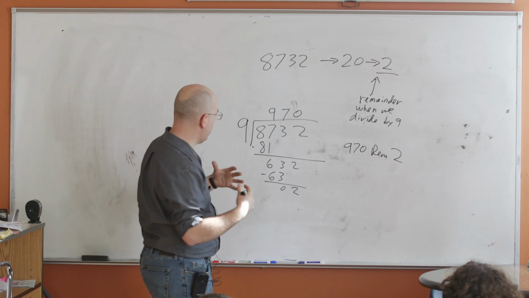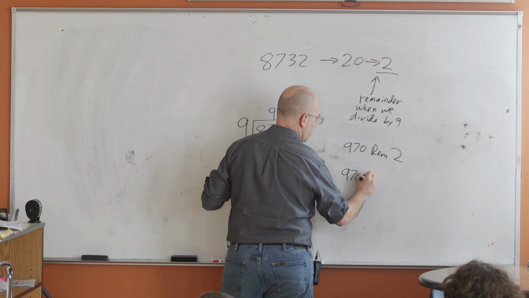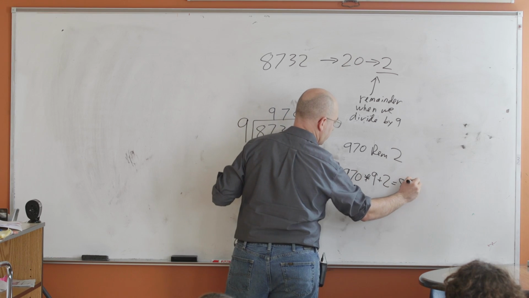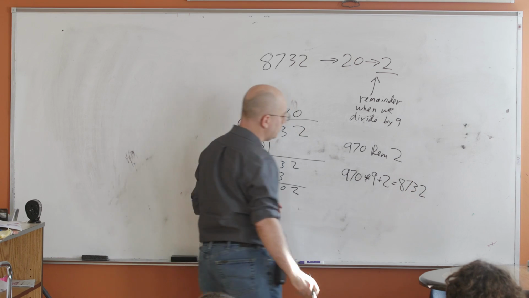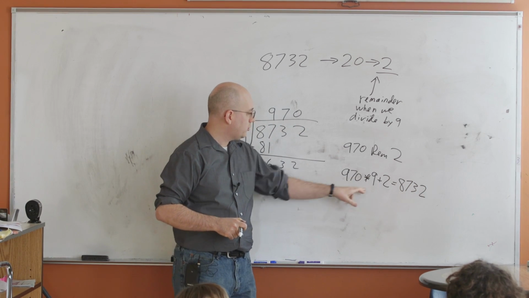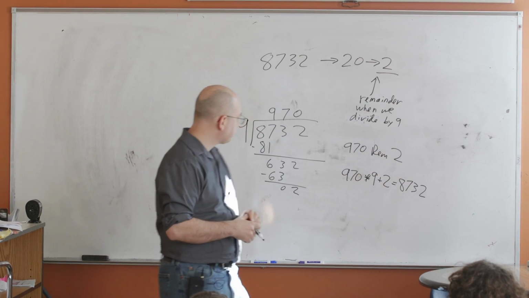And remember that what this meant was 970 times 9 plus 2 is equal to 8,732. If you want to check it, do that multiplication, add the 2, and you should get 8,732.